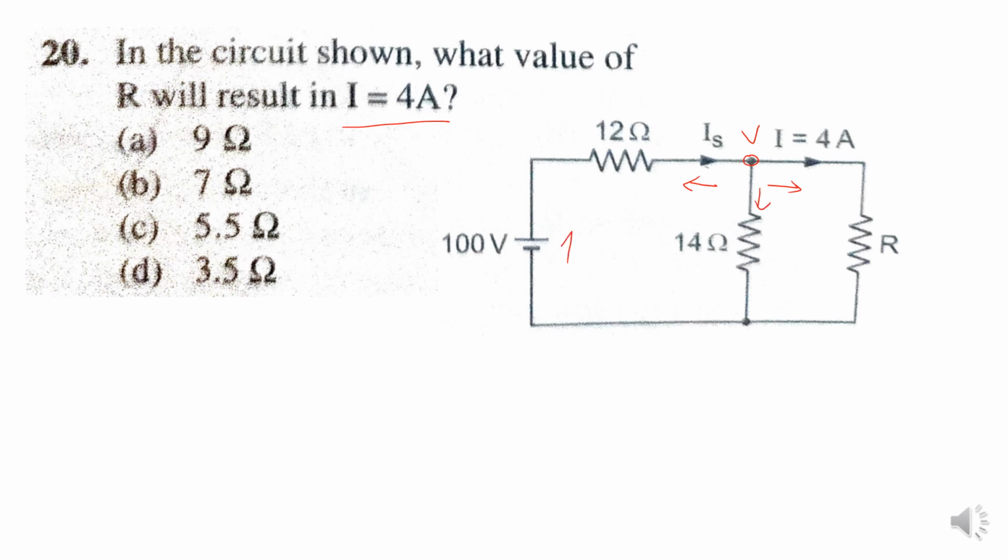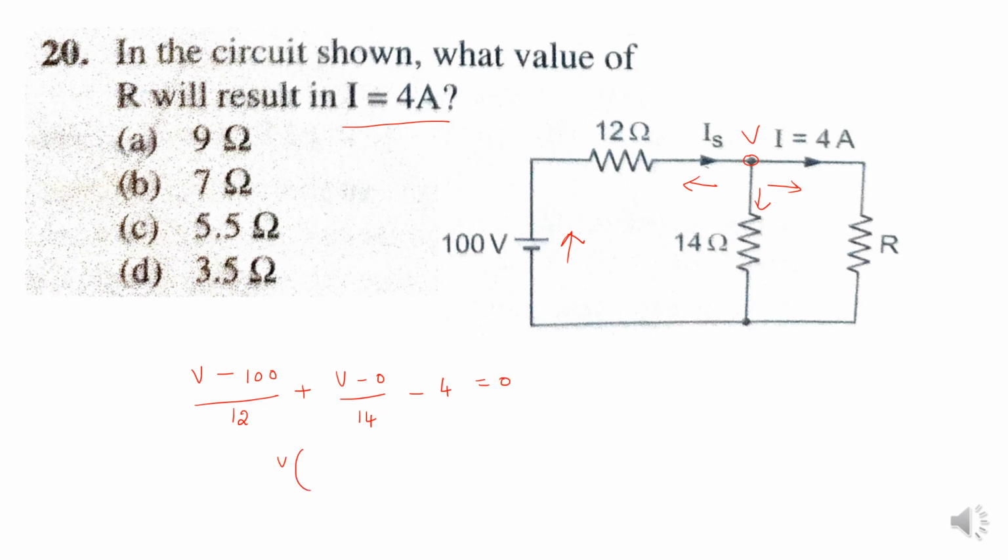See, this current is flowing towards it, so both the currents are opposing each other. So how to write the equation? Using nodal analysis, V minus 100 divided by 12, then V minus 0 by 14, next minus 4 equal to 0.